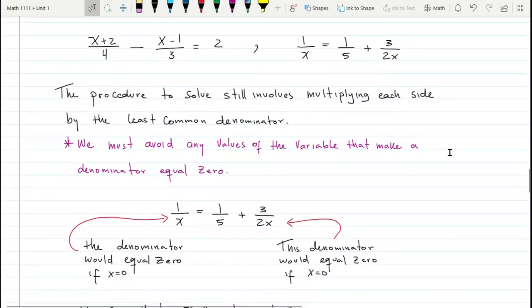And the procedure to solve still involves multiplying each side by the least common denominator. But now that we're introducing the scenario where there's a variable in the denominator, there is something to consider. We must avoid any values of the variable that make a denominator equal 0.